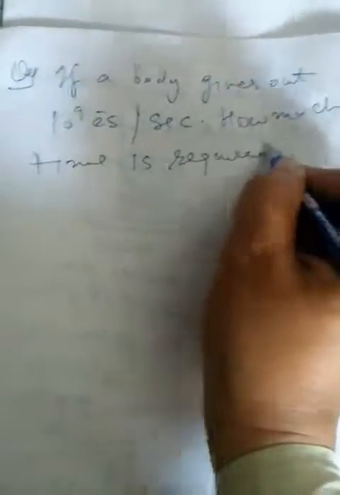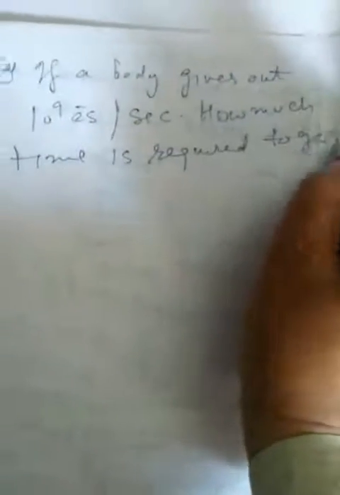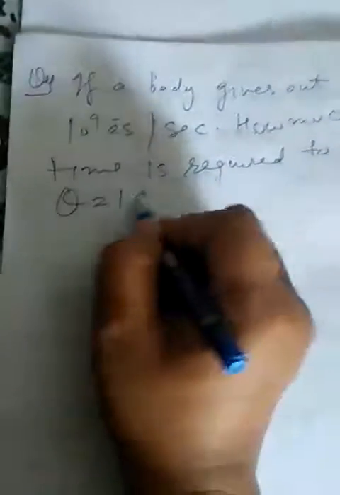If a body gives out 10^9 electrons per second, how much time is required to get a total charge of 1 coulomb?